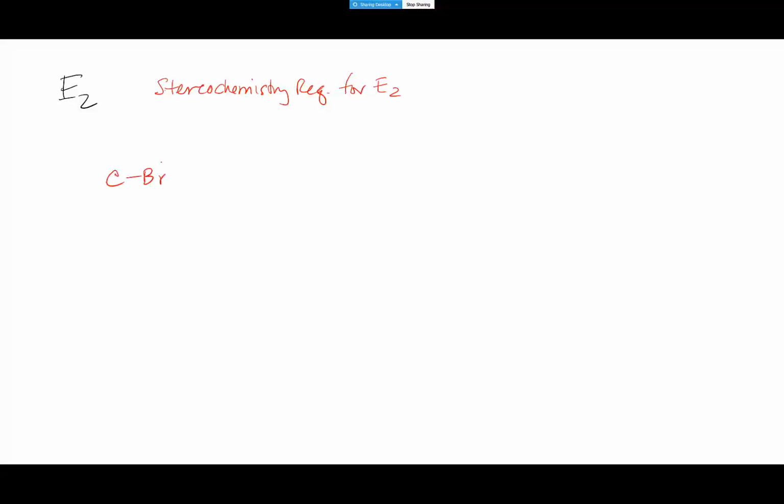So when you lost your leaving group to form the carbocation intermediate in E1, remember the carbocation intermediate has those two lobes of electron density, and the carbon has a positive 1 charge.